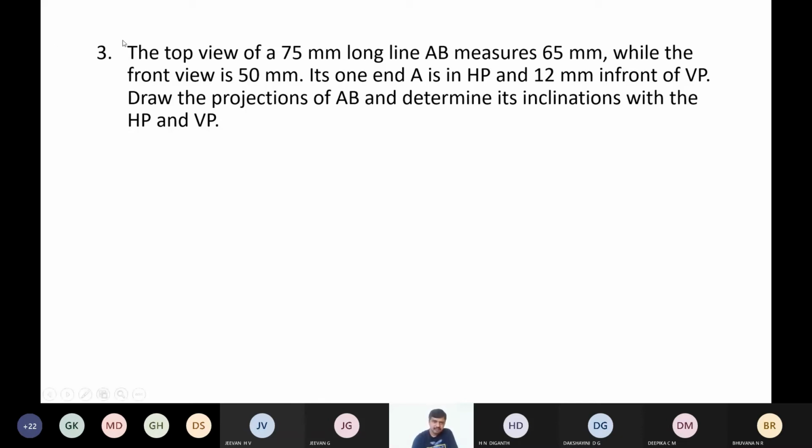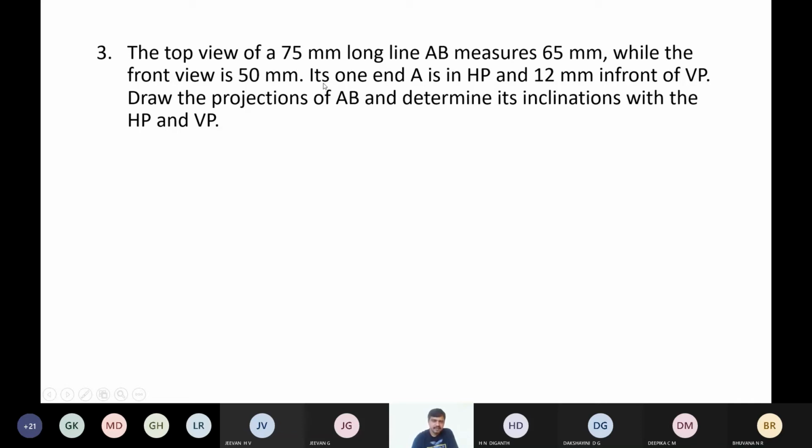So the line is actually 75 mm, but in top view it measures 65 mm, while in front view it measures 50 mm. That means 75 mm is the true length, 65 mm is in top view, and 50 mm is in front view.